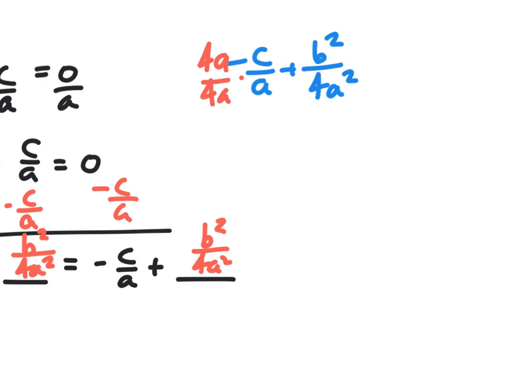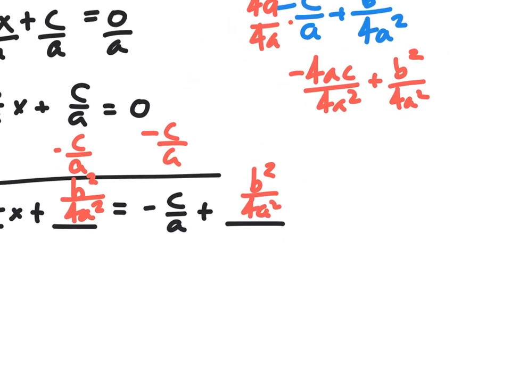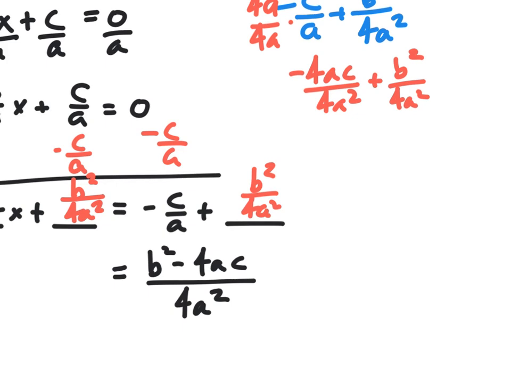That gives me minus 4ac all over 4a squared plus b squared over 4a squared. If I combine these as one number, I get b squared minus 4ac all over 4a squared, okay?